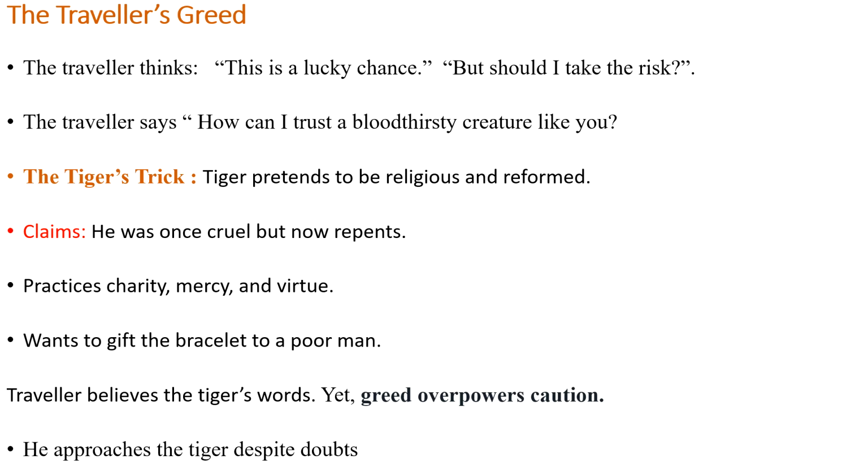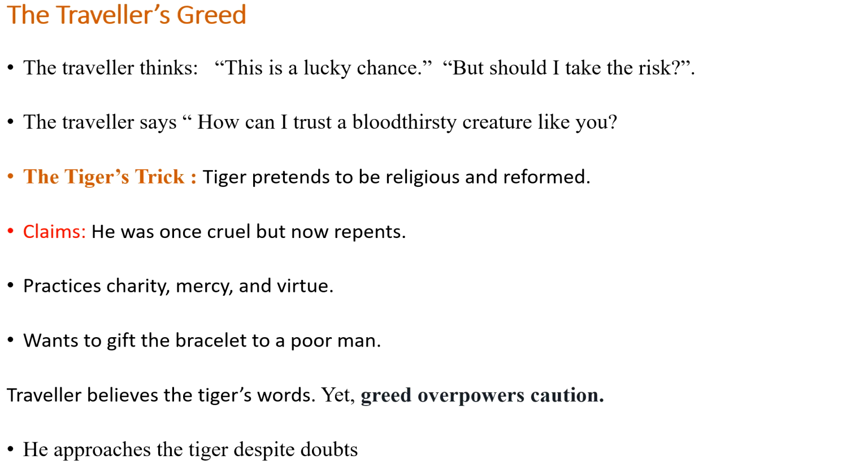The traveler thinks, this is a lucky chance, but should I take the risk? And the tiger shows the golden bracelet to the poor traveler and offers the gift to him.